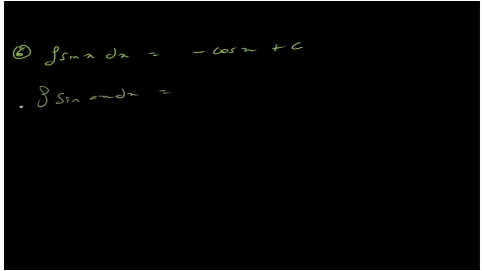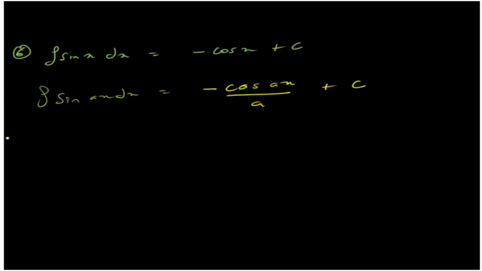Okay, so if you integrate this now, what do you have? The integral of this will be negative cos ax over a plus c. Okay, it will be negative cos ax over a plus c.